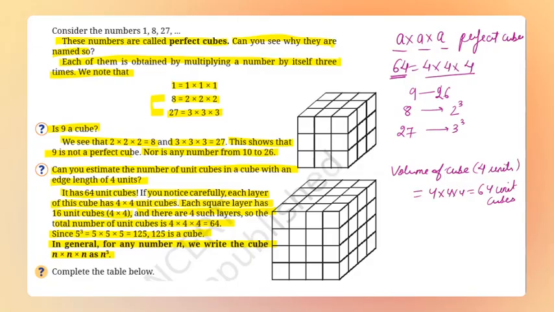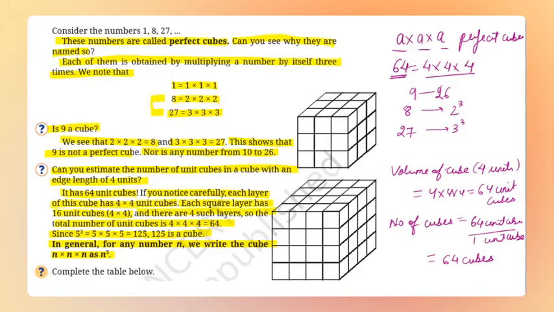Now since you have to find the number of unit cubes that could be made, the unit cubes will have dimensions of 1 unit each. 64 cube units divided by 1 cube unit. Now when you divide, you will get a total of 64 cubes that could be formed. There would be 64 unit cubes that could be formed from a cube which has the side length of 4 units.